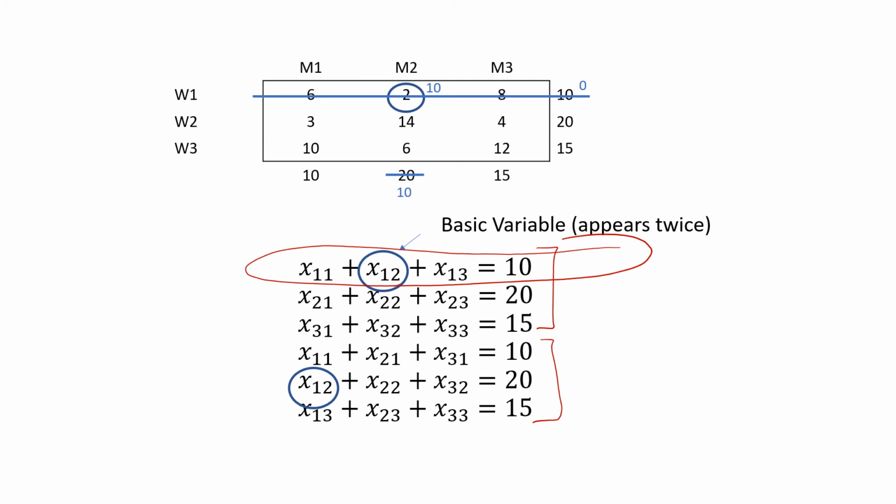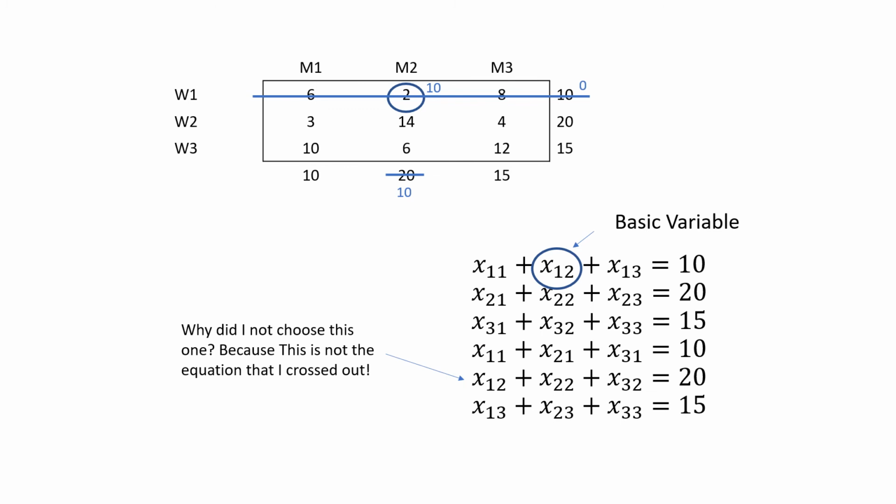Everything else in that constraint has to be 0. And this is what happens over and over again. So why didn't I choose the other one? Well, that's not the one that's being totally filled. Or if they are both being totally filled, you just pick one at random. So you only choose one of your constraints that corresponds to the row or column that you just struck out.